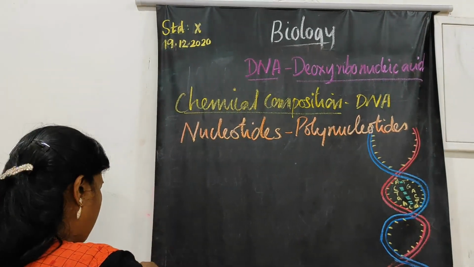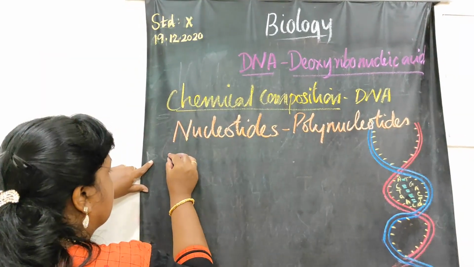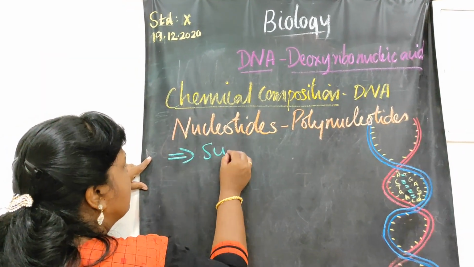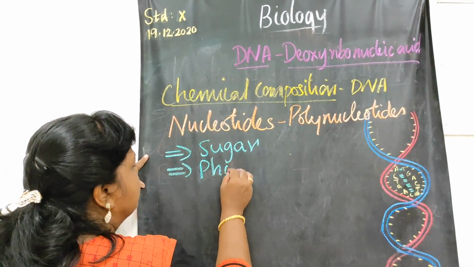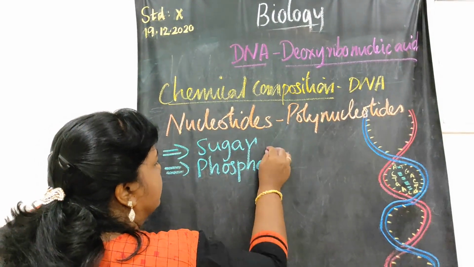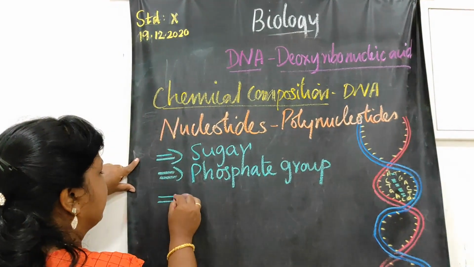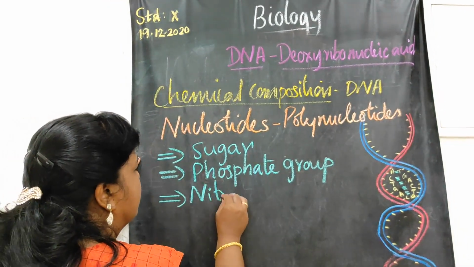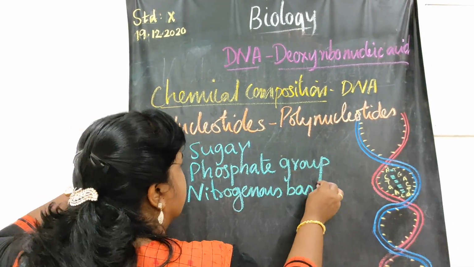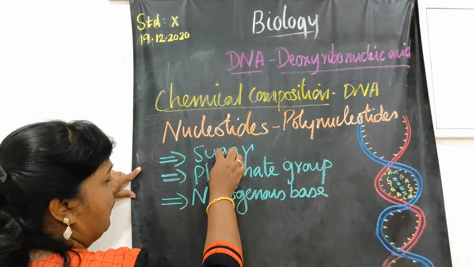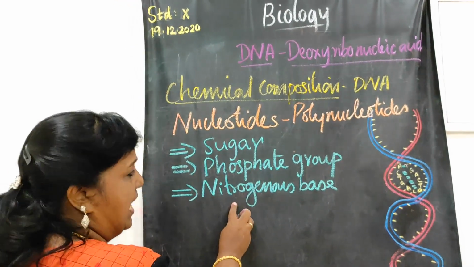Nucleotides are formed of a sugar molecule, a phosphate group, and a nitrogenous base.